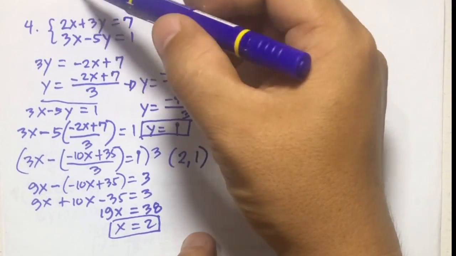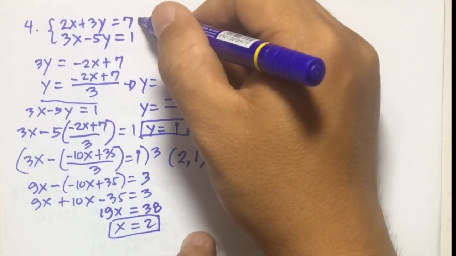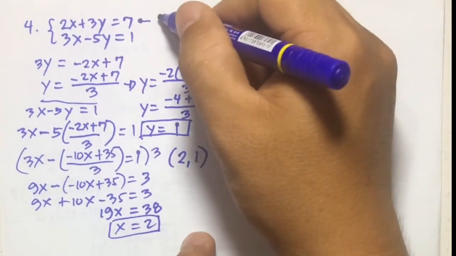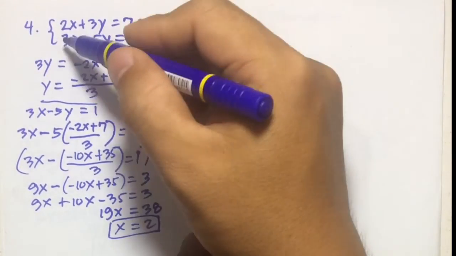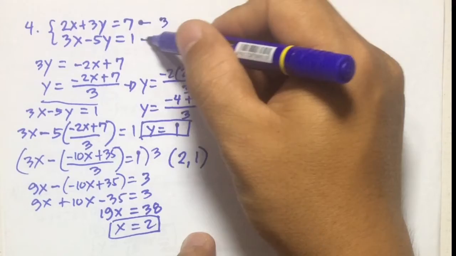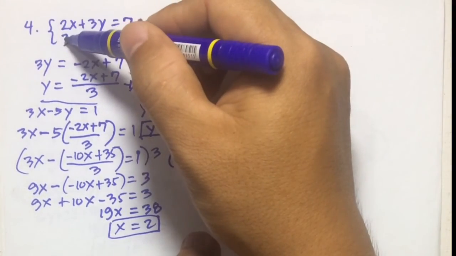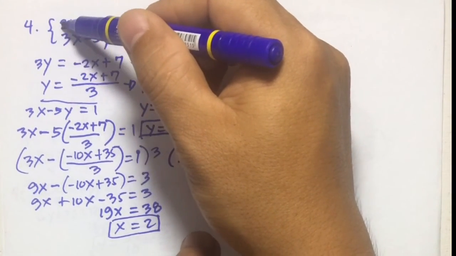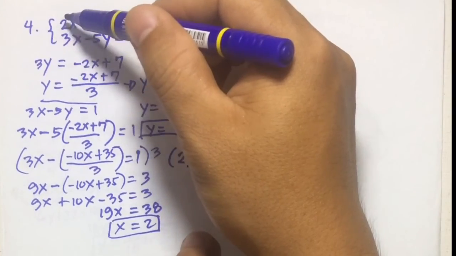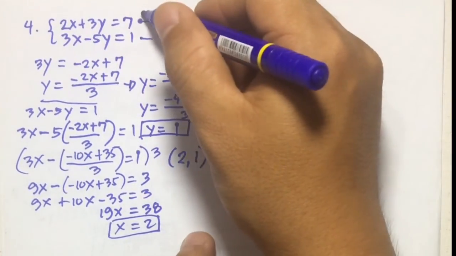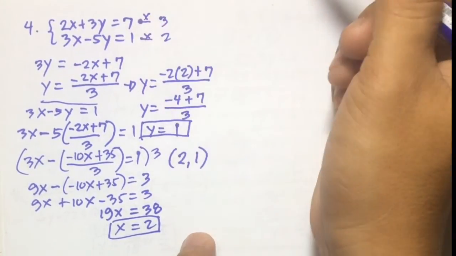So doing that, we're going to multiply equation 1 by 3 and equation 2 by 2. So we'll just interchange the numerical coefficients of the two. So this is times 3 and this is times 2.